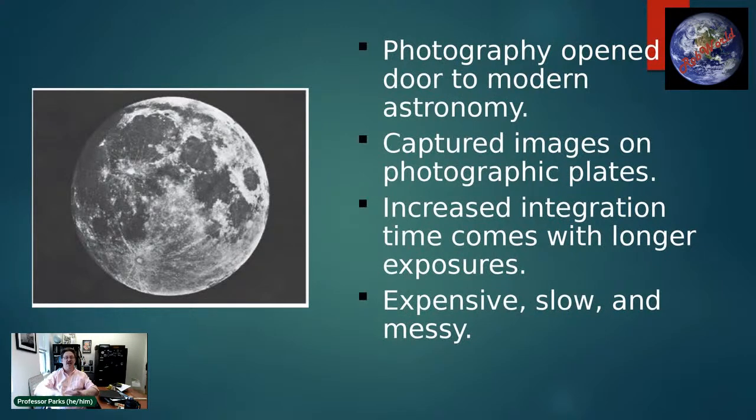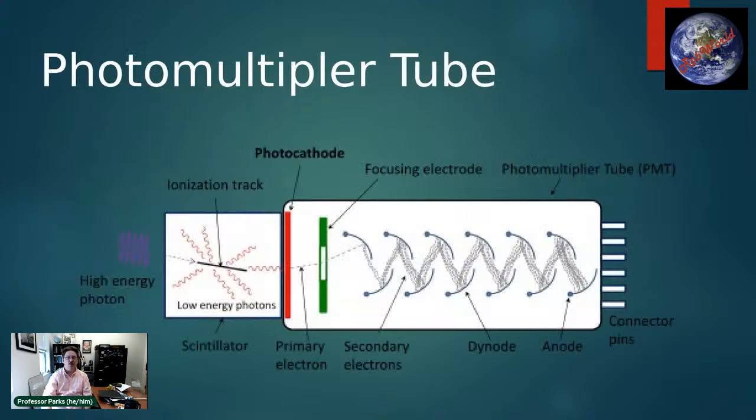You can think of this as a brightness distribution over a set area or field of view. A photomultiplier tube, which had a higher quantum efficiency than the photographic plate, was limited in that it did not image things. It's essentially a photon counter.